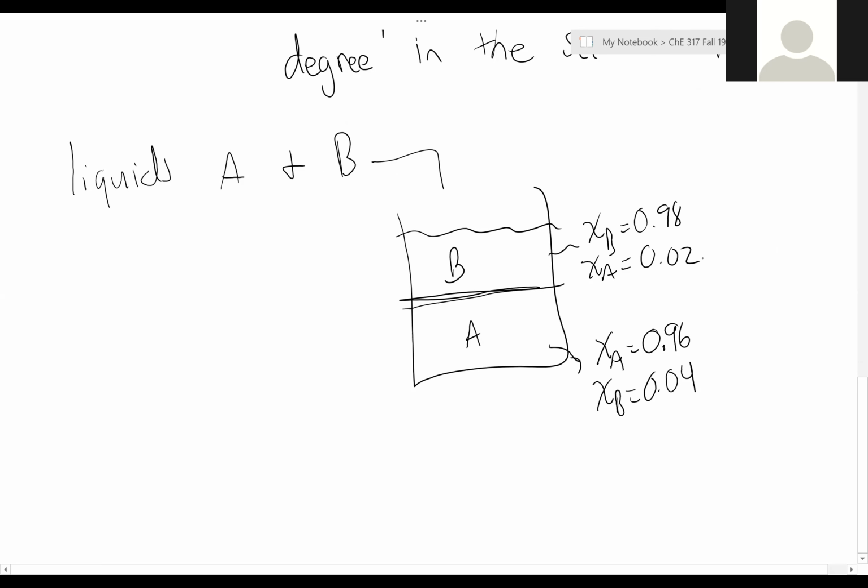I'm just giving you an idea of what that could look like in terms of things that we can consider partially miscible or not. If the x sub A was effectively 0 here, and x sub B is effectively 0 here, then we would be considering those immiscible substances.